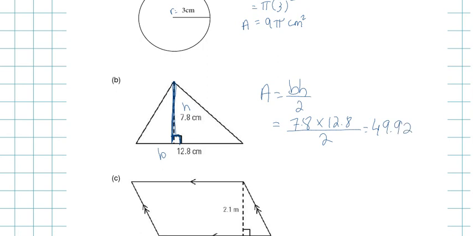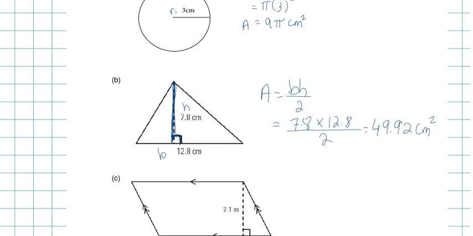So my single unit is centimeter. Area has to be squared, so it's going to be centimeter squared. Are we okay with that? Okay.